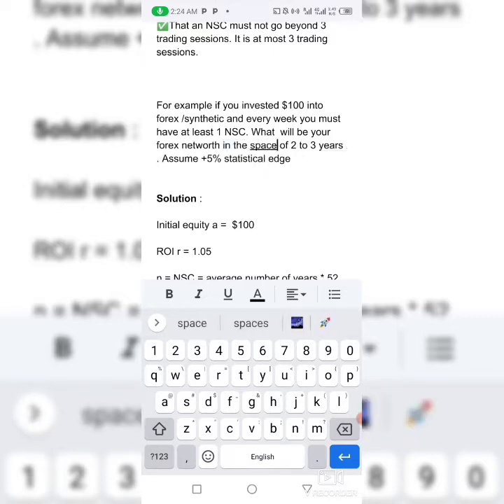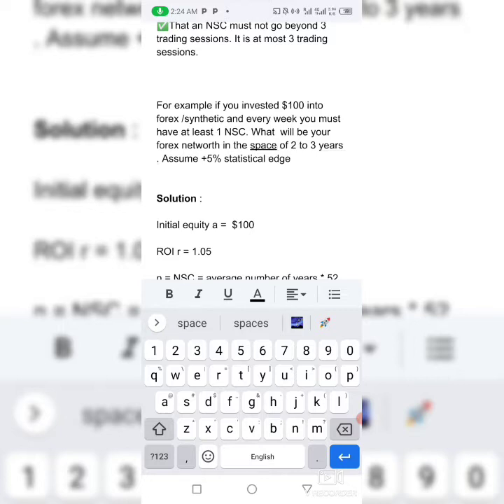This 5% statistical edge is not the minimum. I just use it so that you will not complain. But in practice, people that have a good trading plan, strategy and discipline usually have up to 15% to 20% statistical edge over the market, because this is what the casino uses.